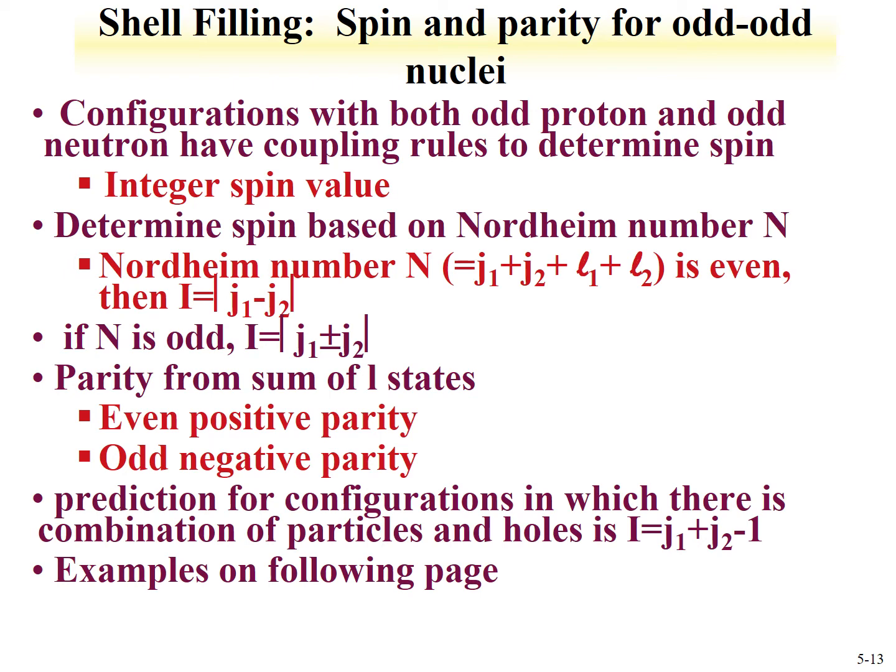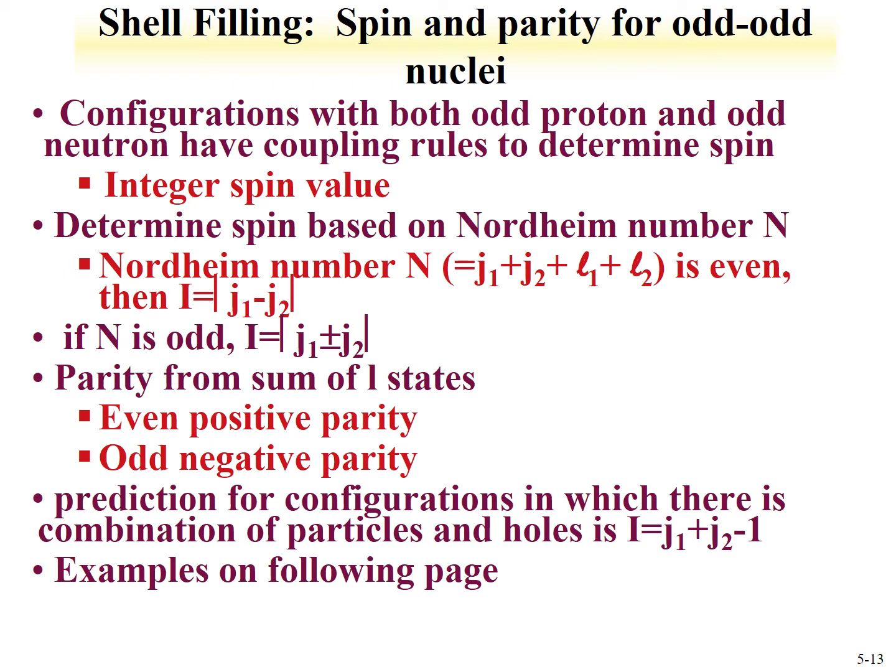If the Nordheim number is odd, we have two possibilities, either the absolute value of the sum or the absolute value of the difference of the spins of the two states occupied by the unpaired nucleons. The parity is from the sum of the angular momentum L states. If that sum is even, it's positive parity, and if it's odd, it's negative parity.